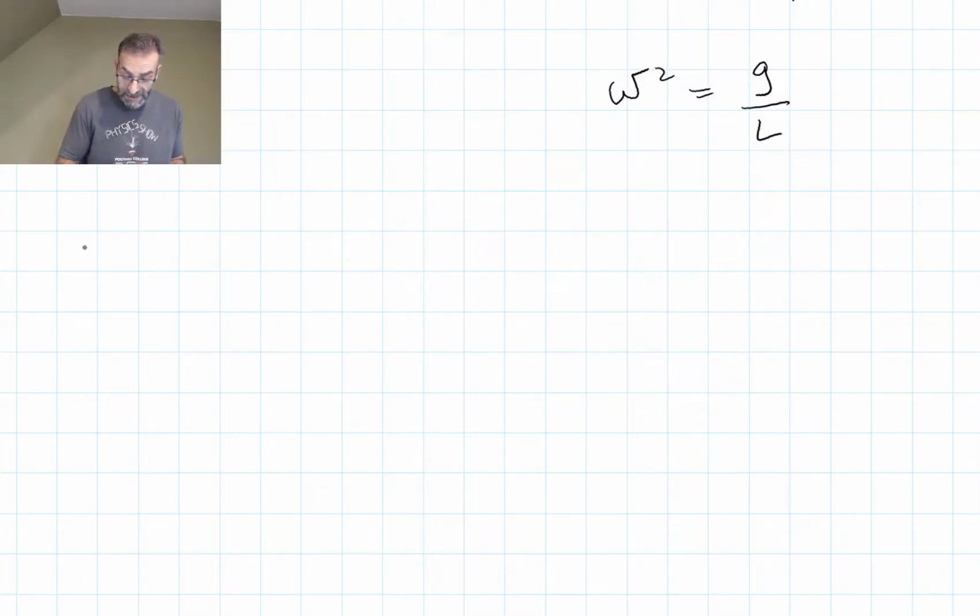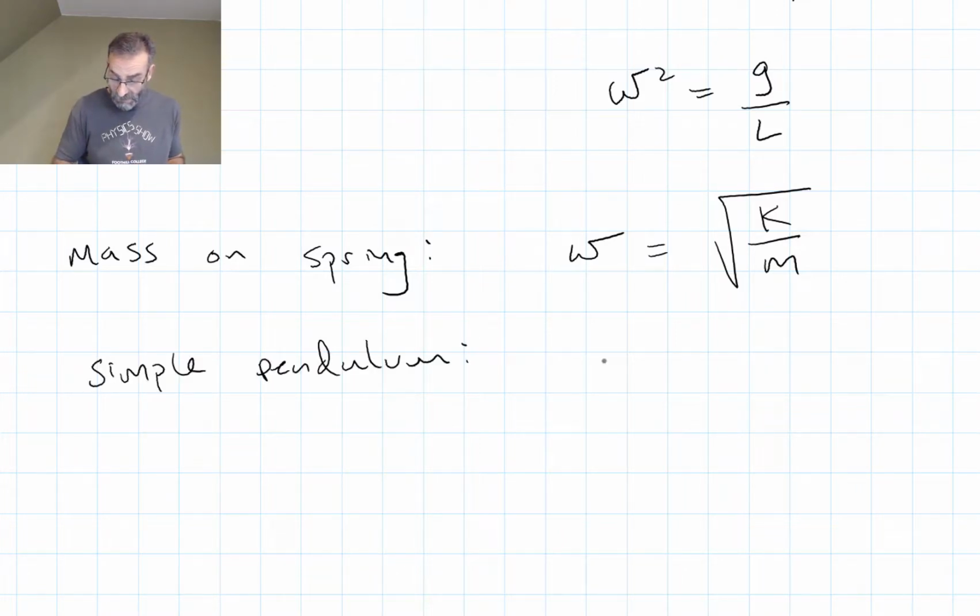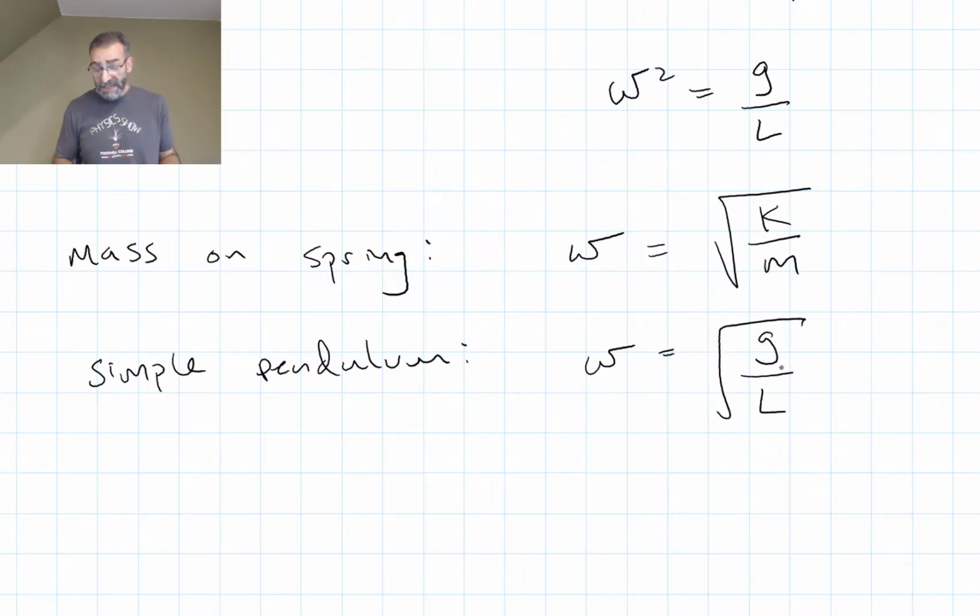So for a mass on a spring, we saw that omega, the angular frequency of our oscillating system, was the square root of k over m. k was the spring constant, m's the mass. For a simple pendulum, we now see that it's the square root of g over L. g is the acceleration of gravity. L is the length of our pendulum.